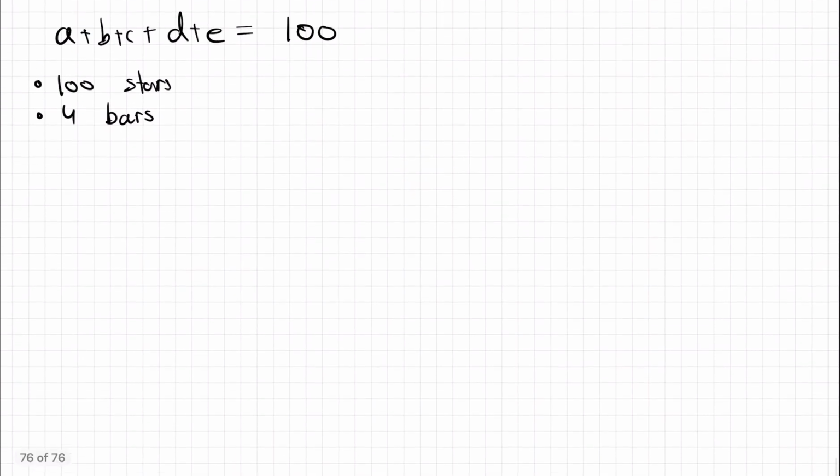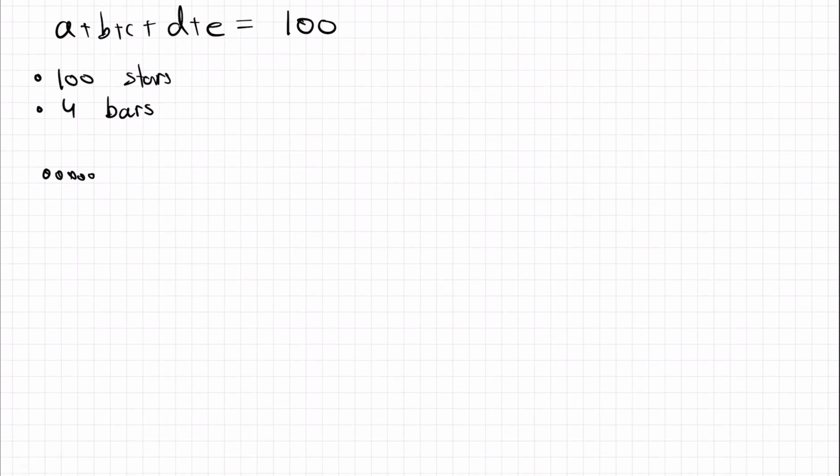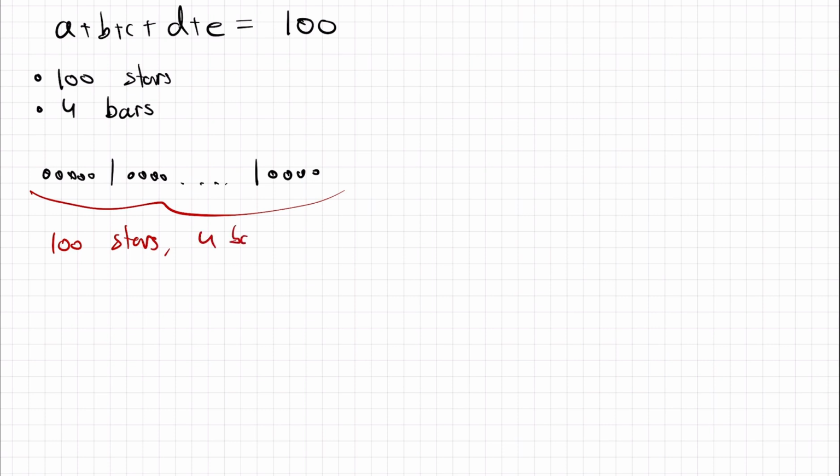If I just draw out a little bit of it here, and just carrying on throughout this entire sequence, we're going to have 100 stars, 4 bars. So we're going to have a total length of 104. We'll just call it items.